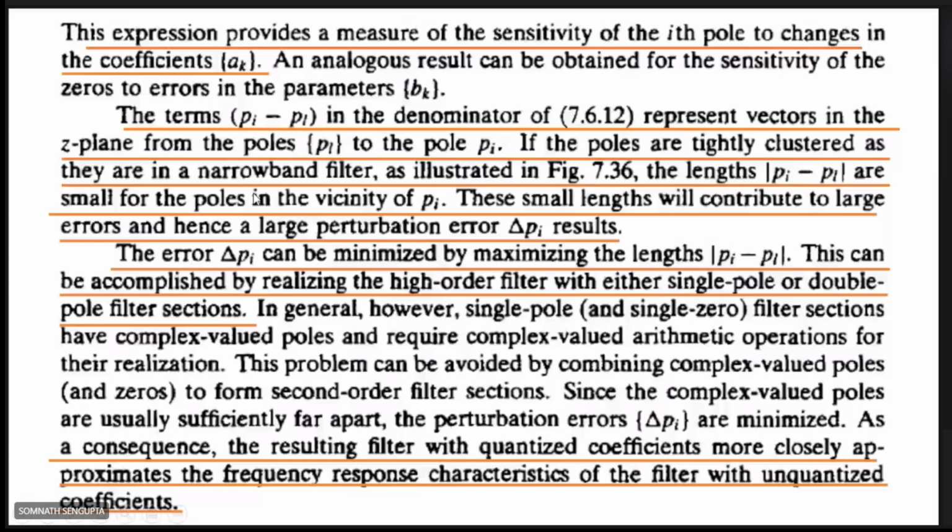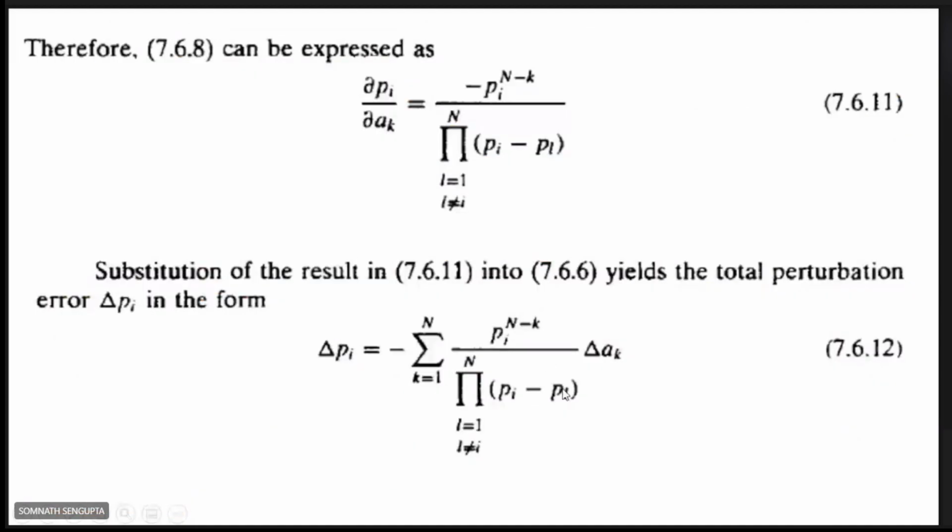If the difference in this term pi minus pl is small, that means the poles are very close to each other, then obviously this whole quantity delta pi, this is the ratio, if this difference becomes smaller, then the whole ratio will become larger. So perturbation error will be more. So it creates a problem for a narrowband filter.